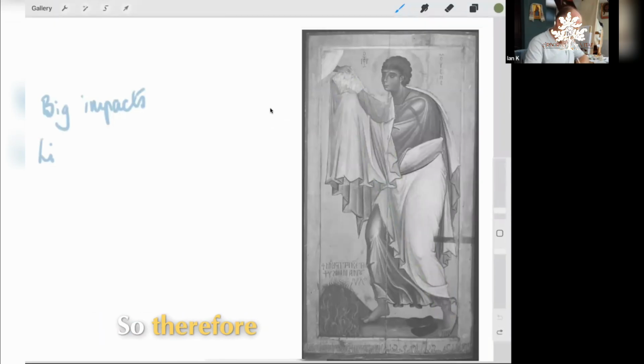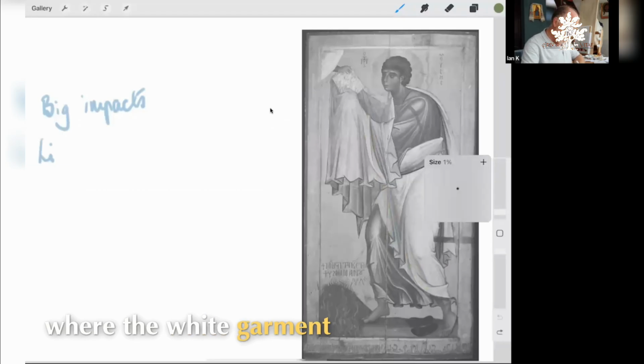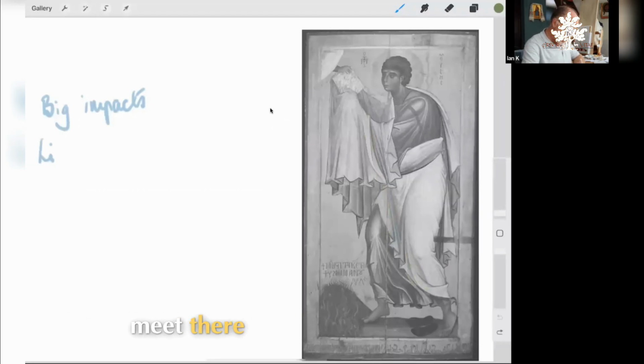So this line there and the folds around it, this fold here and this fold here, are of crucial importance. In fact, the line you're looking at is where the white garment and the blue garment meet there, this fold there, and then this fold here, and this there, and then that there.